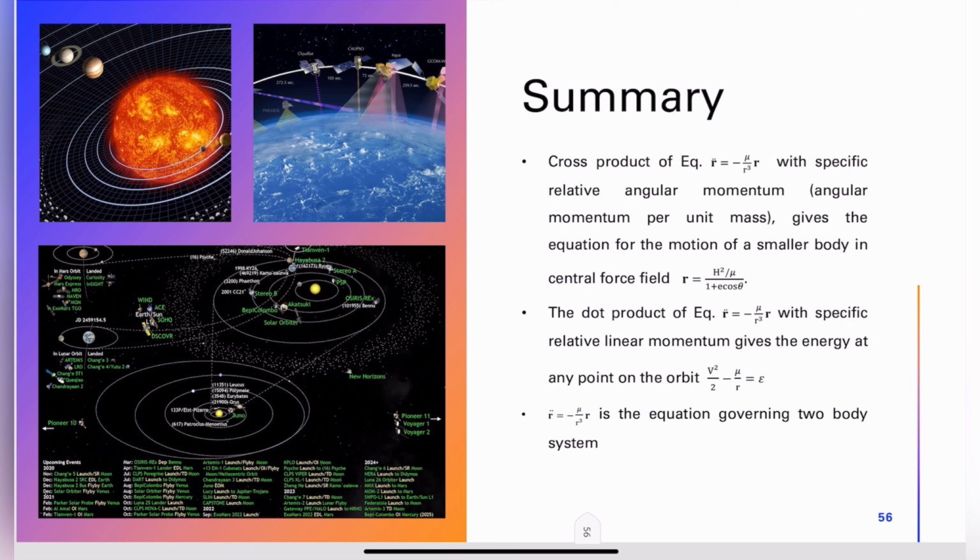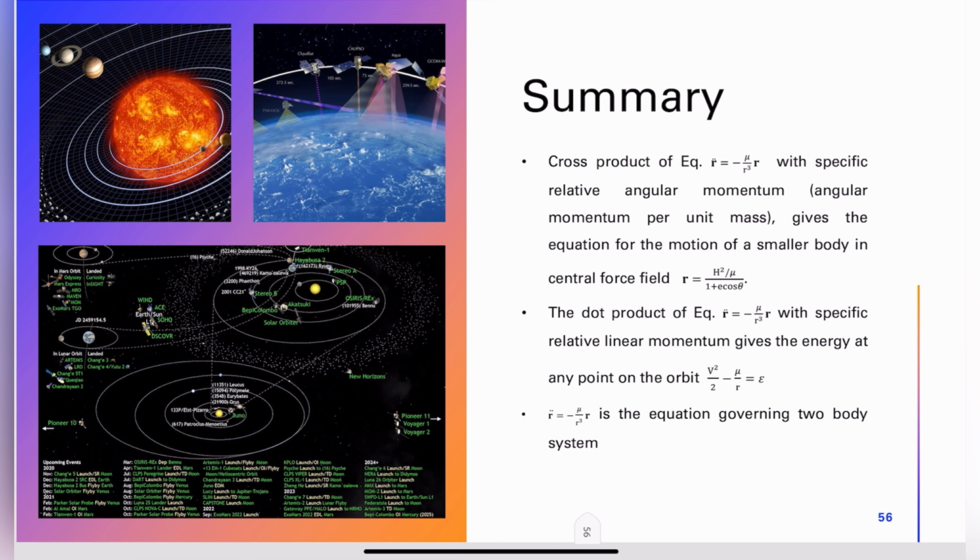So what we have done, we have taken the basic expression for the acceleration of the position vector, and we have taken the cross product with respect to h, angular momentum, and we have arrived at the motion of the smaller body in the central force field.